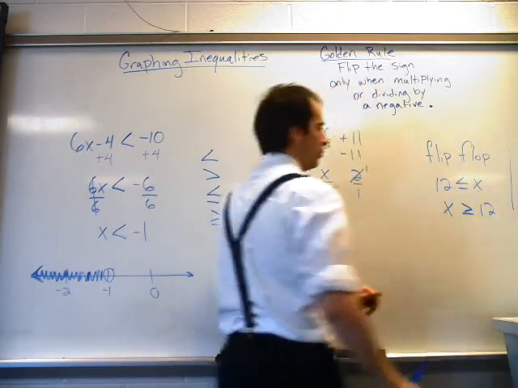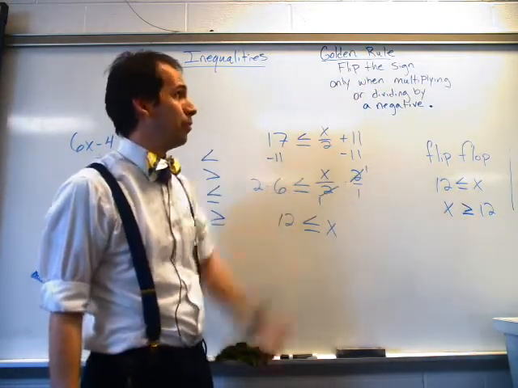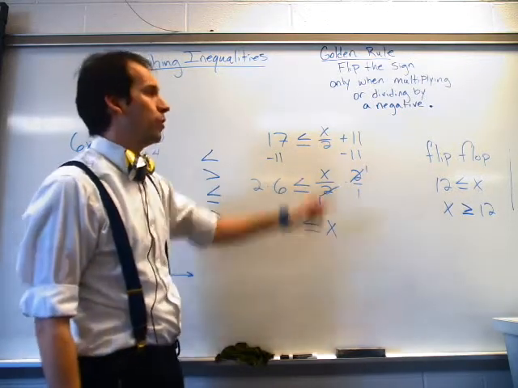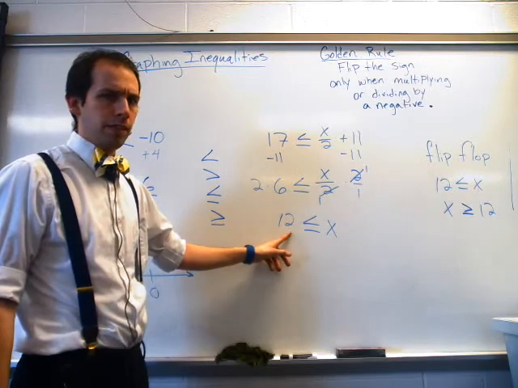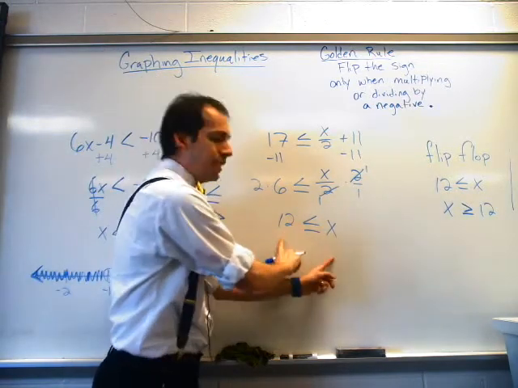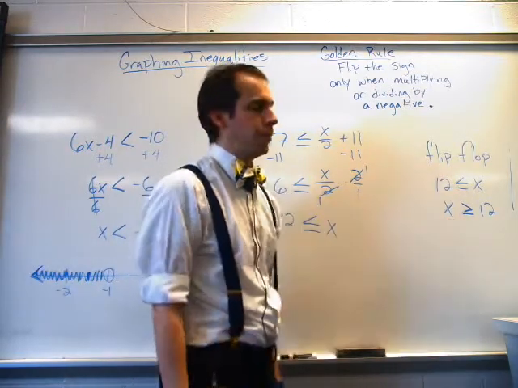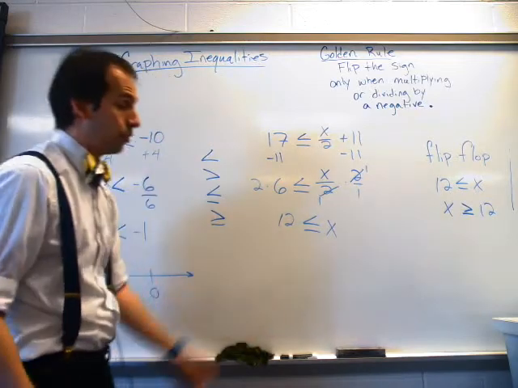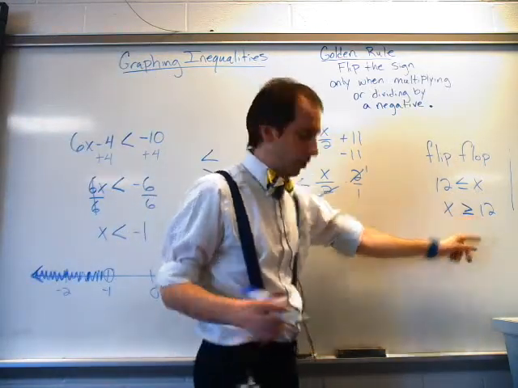X is greater than or equal to 12. That's the only other time that you would care to flip your inequality. When you multiply or divide by a negative number, which we did not, then you would flip the sign. Or if you want to read this so that the variable's on the left side, that also would be a time when you can flip it. This helps me a lot. So for instance, x is going to be greater than or equal to 12.